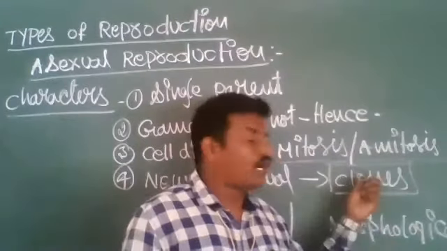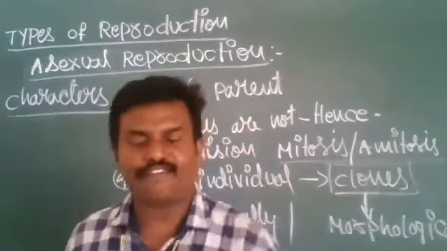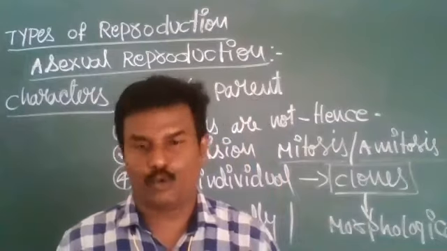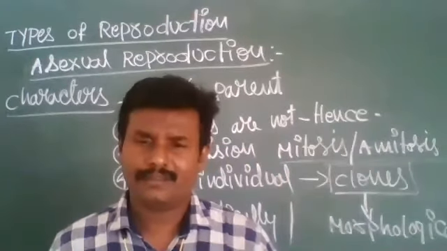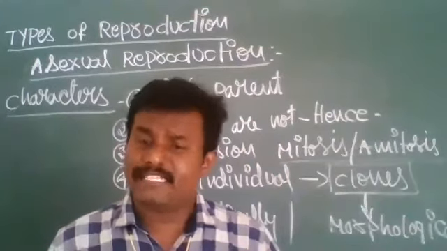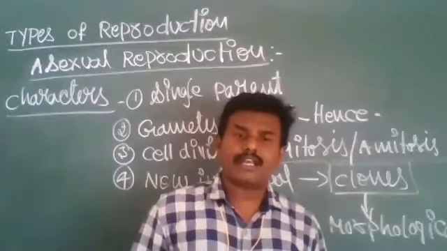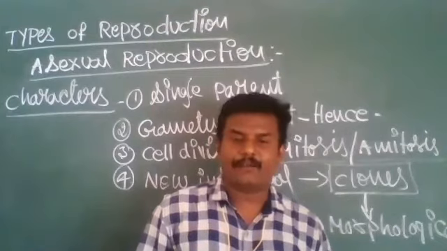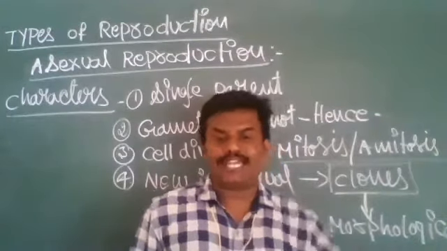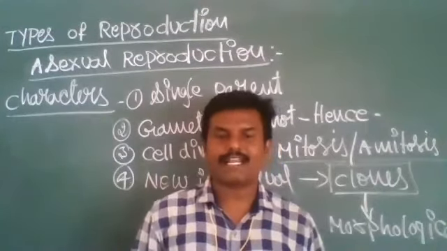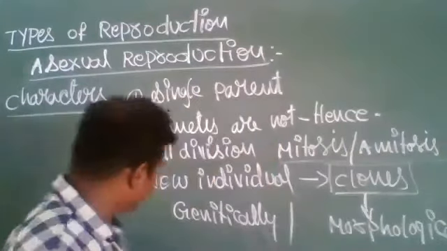It is one more important definition: define clones. As a result of asexual reproduction, whatever new organisms are formed are genetically and morphologically identical to their parents. Those organisms are called clones.